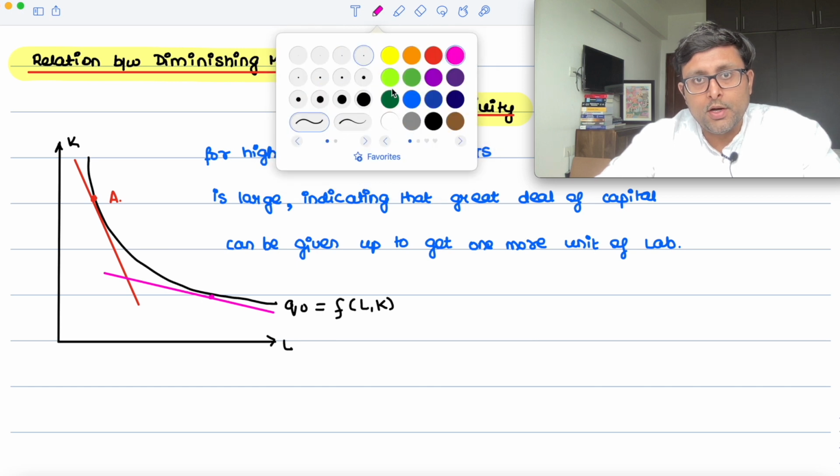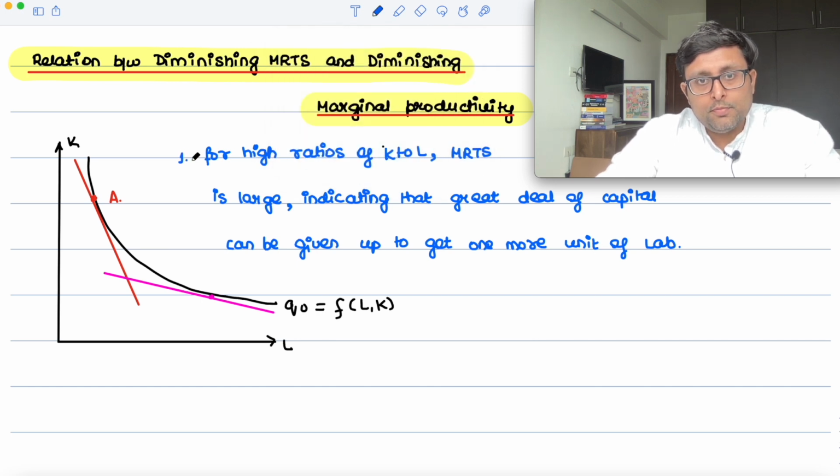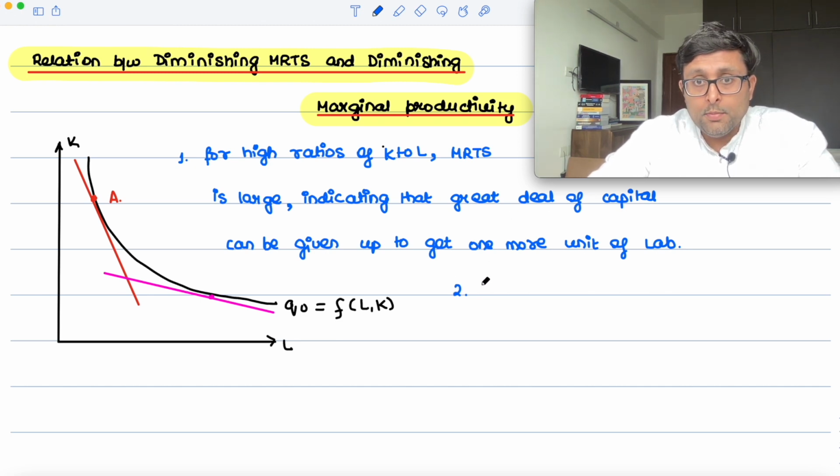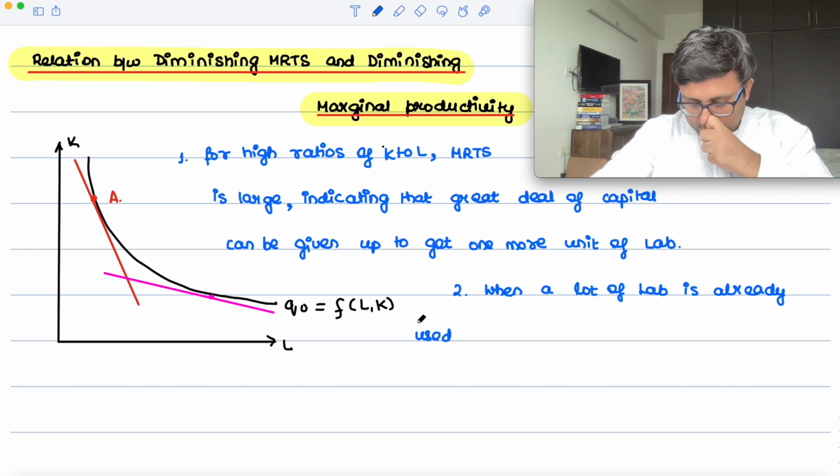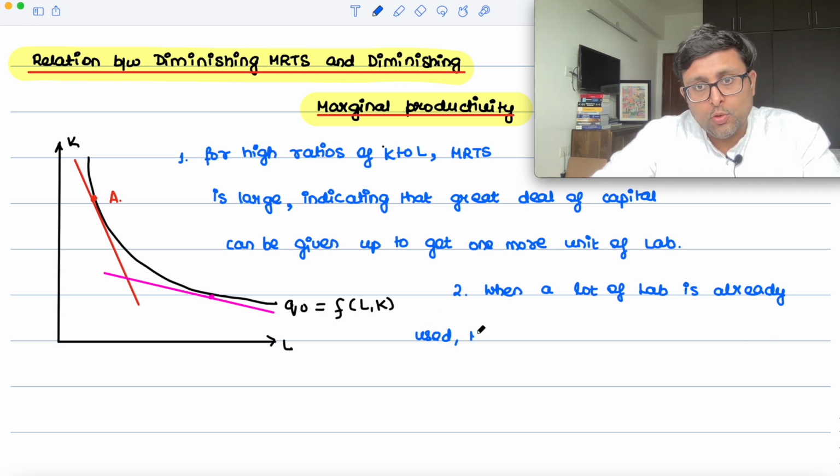No, right? Please write: when a lot of labor is already used, right? MRTS is low.